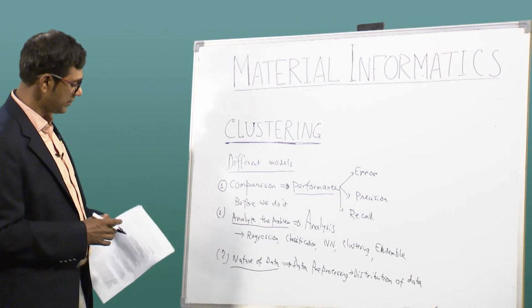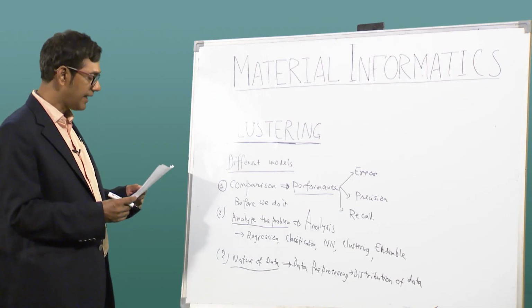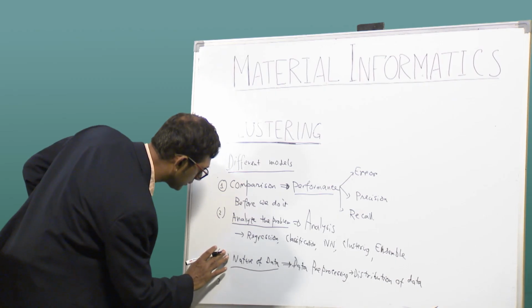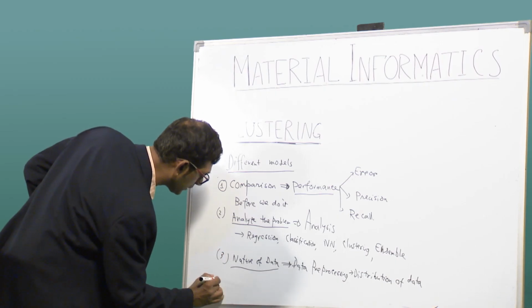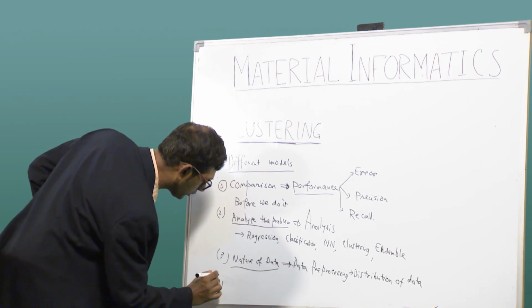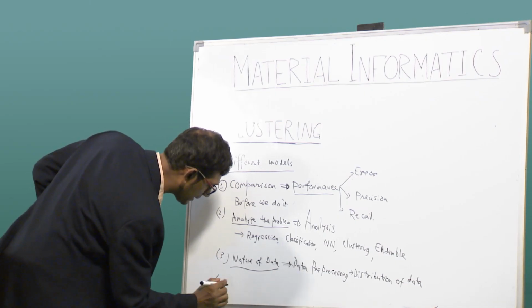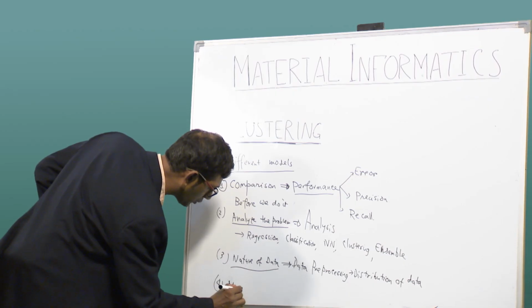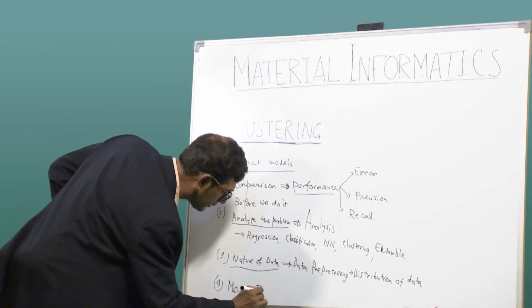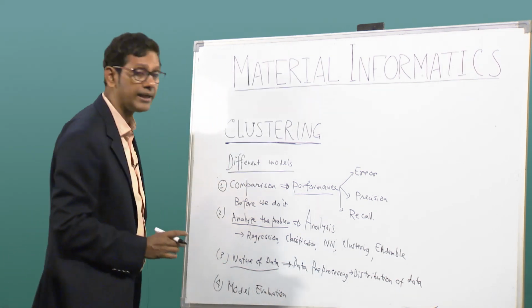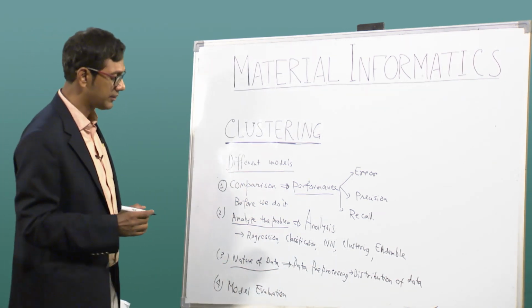So, we will talk a little bit about that, and finally, this is your third step, this is your fourth step. Okay. Model evaluation. Even if you use 1 or 2 models, you have to evaluate how good the match is between your prediction and your actual data. Okay. So, that is what it is.